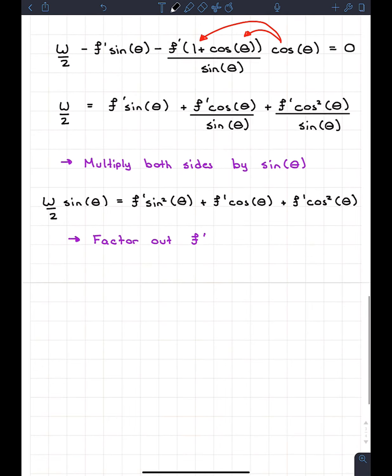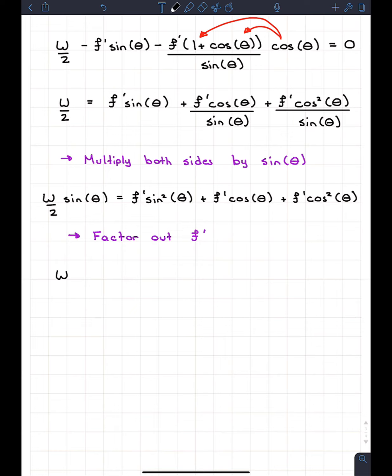So if I do that, I'm going to get w over 2 times sine theta is equal to f prime, bracket, I'm going to have sine squared of theta, plus, and I'm going to put the last term in next, which is the cosine squared theta. And then I'll add the cosine theta from the middle term.